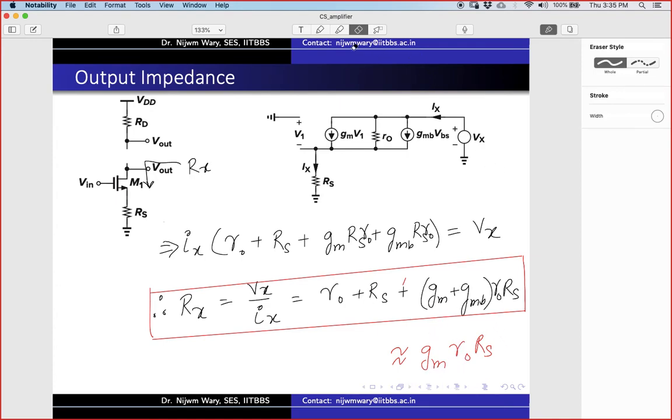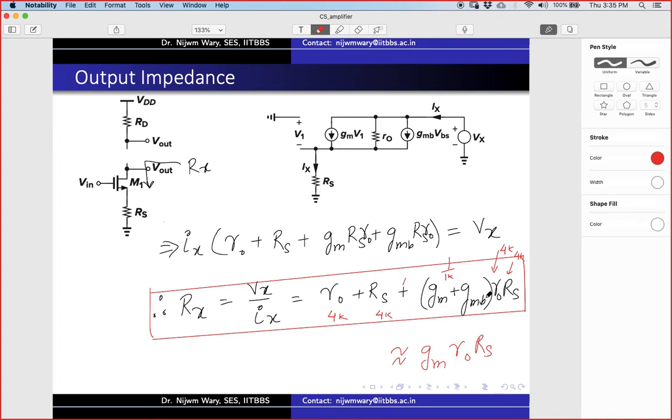Ultimately, suppose my RO is maybe 4K, and this RS is also 4K, and this is 4K. GM maybe, let's consider the GM. I know it's not possible to make it maybe 1 by 1K, because it's a reverse of the impedance.